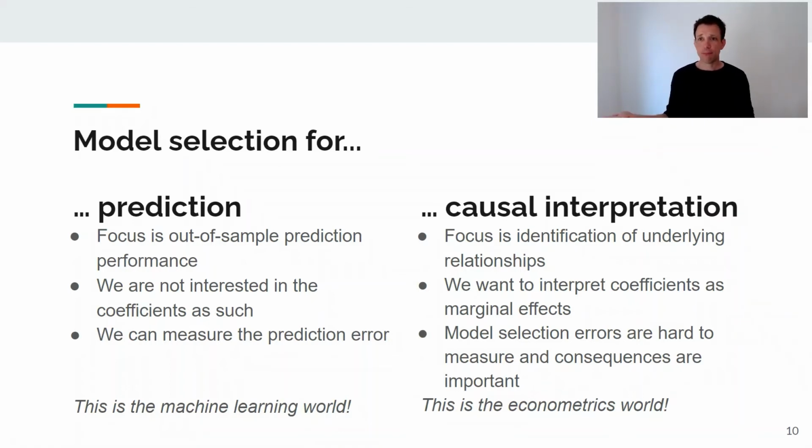However, in Verbeek, the example was originally motivated differently. There it was framed as a causal interpretation task where we were aiming at estimating a hedonic pricing model, where we could interpret the coefficient values as the contribution of the individual attributes of the house to the selling price of the house.